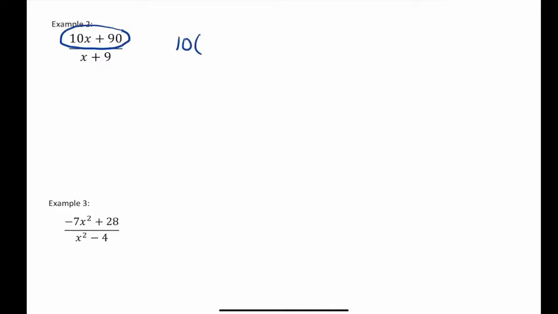So you pull the 10 out, and what remains is the quotients. 10x divided by 10 is x, and 90 divided by 10 is 9. Now the bottom, nothing really happens to x plus 9.